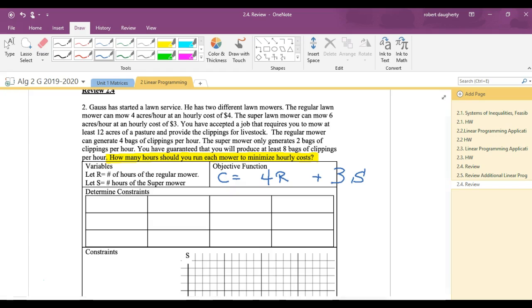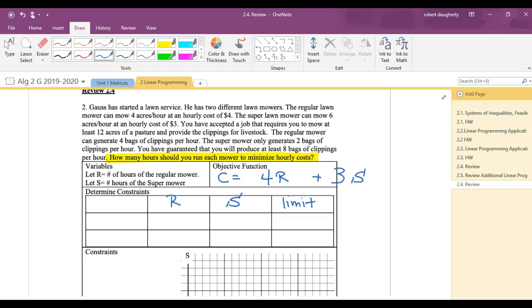Now, what are our constraints? Okay, so if I look at this, I've got my regular mower, and I have my super mower, okay? And then I've got some kind of limit that I have to tend to. What are the constraints that I have? Well, it looks like how much it can mow, acres per hour, because I've been told that I have to mow at least 12 acres.